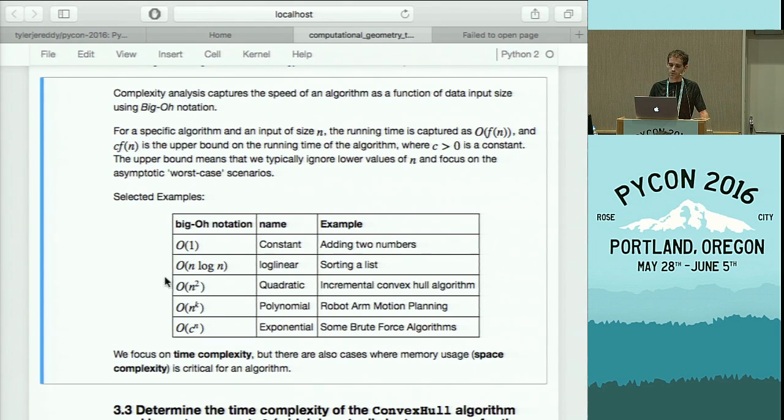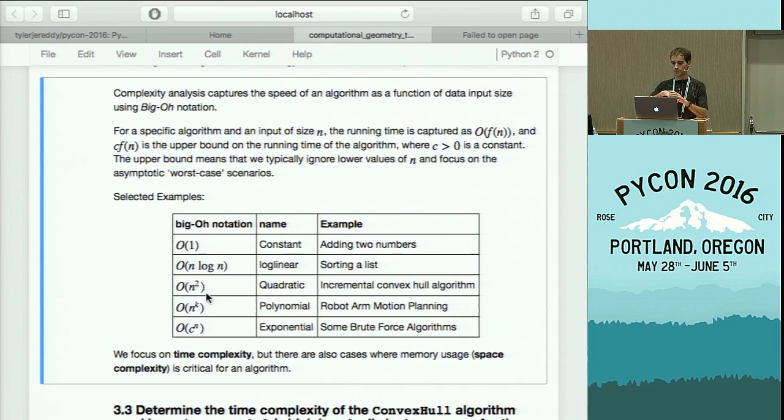We use n to indicate the number of data points in the input data set. So for example, this log linear value here, n log n, means that if you have 1,000 input data points, you have 1,000 times the log of 1,000 as the amount of time that it takes. And if you switch from 1,000 to 5,000, you follow the n log n function.